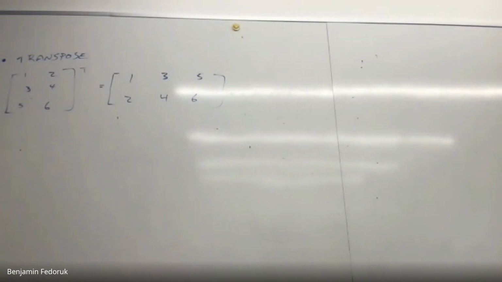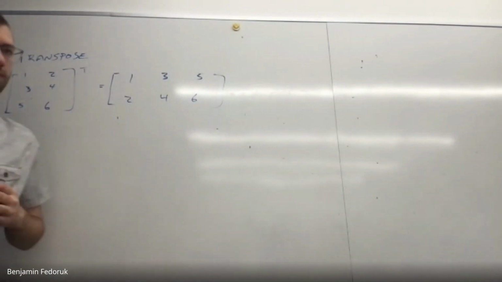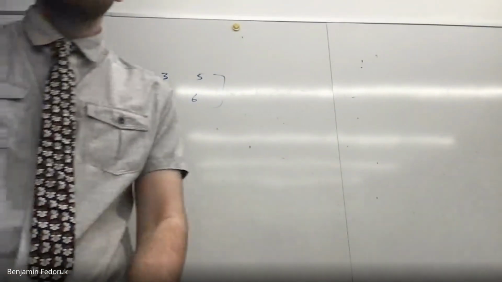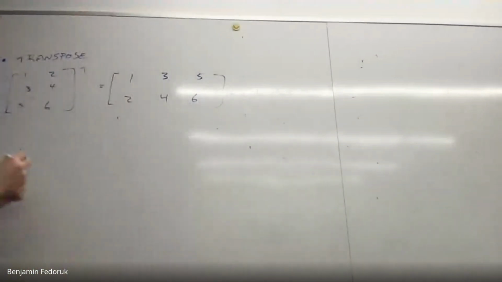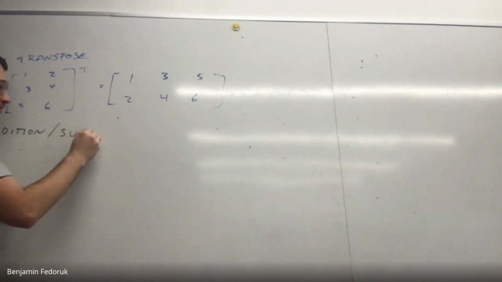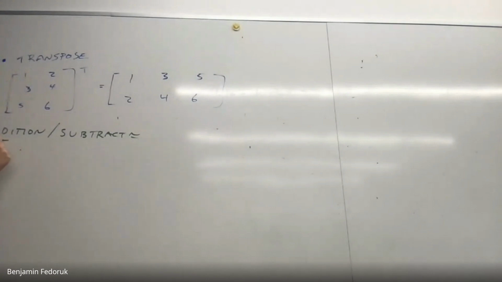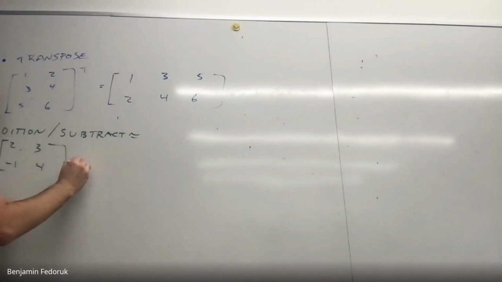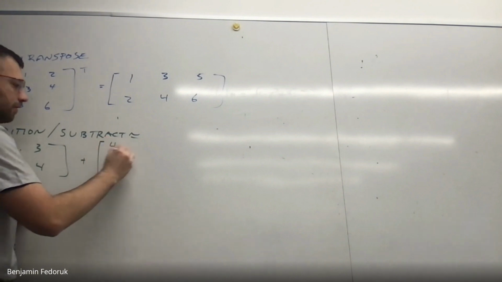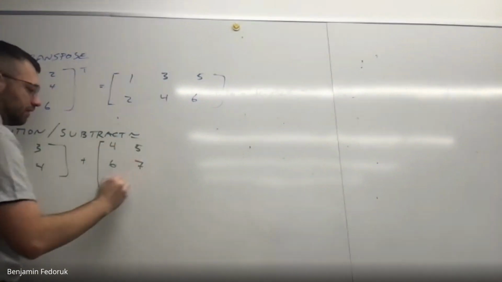What other operations do we know? Yeah, those are easy, right? So say that I gave you this matrix, 2, 3, minus 1, 4, and I asked you to add 4, 5, 6, 7, 8, 9.